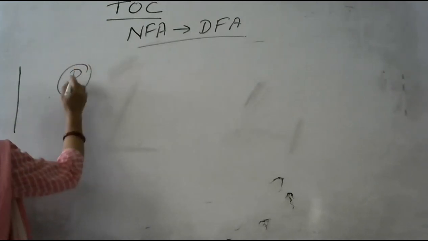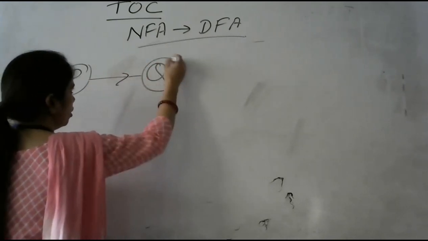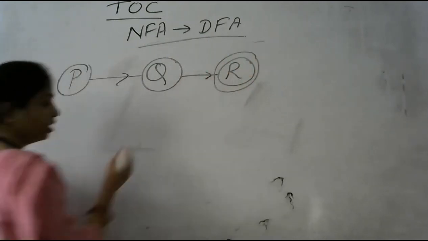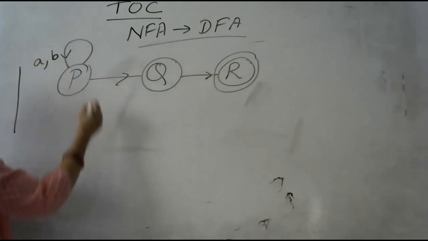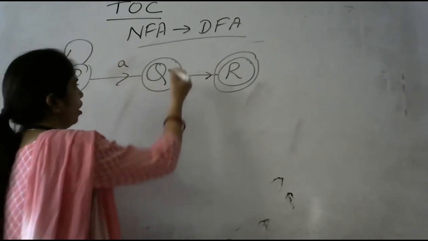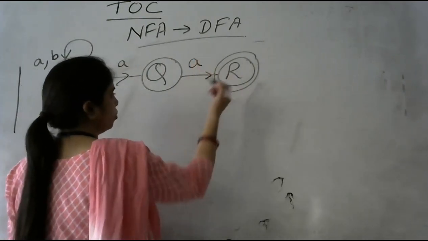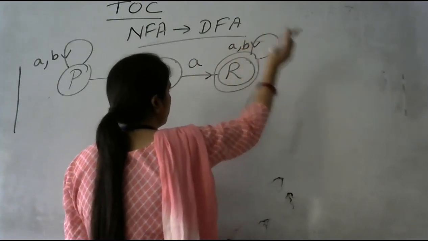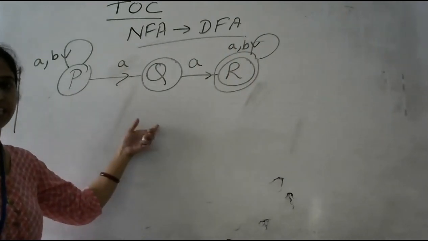there are also 3 states P, Q and R. R is a final state. Okay, we read A, B from P, then again read A from P to Q. Okay, from Q we read A to R, and from R we read A comma B. Okay, see, this is our NFA.